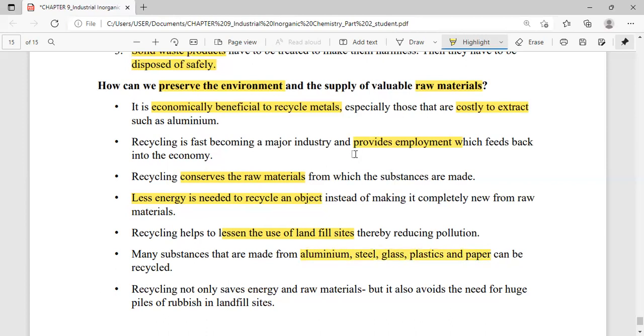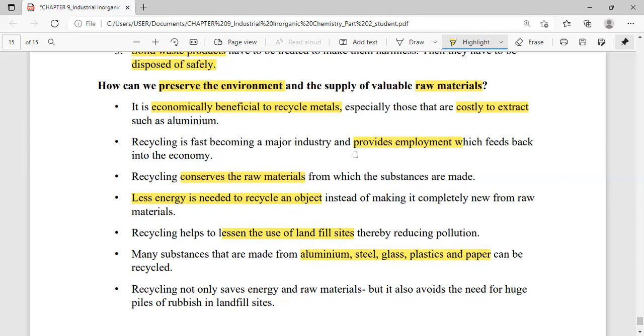Even though we can't recycle everything, at least some of these can be recycled. You see the bins now with compartments where you can throw paper, plastic, and glass. Do you do that? We can also play our part in saving the environment. If we throw items in the correct bins, it is easier for people to recycle.